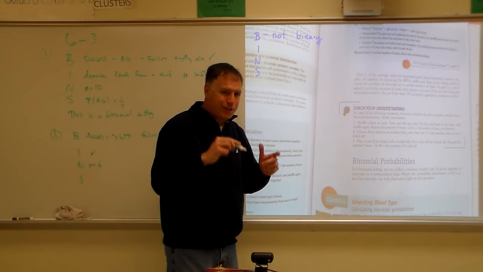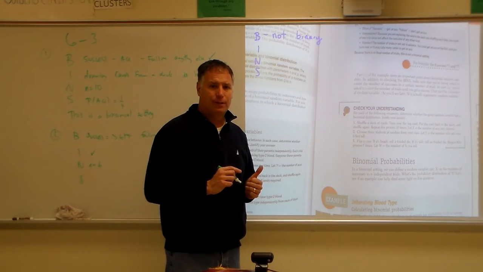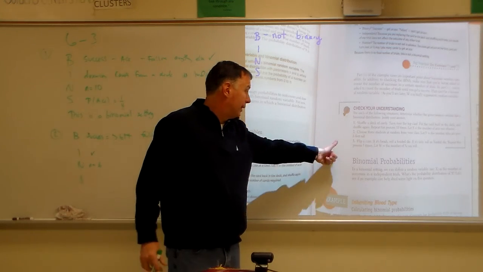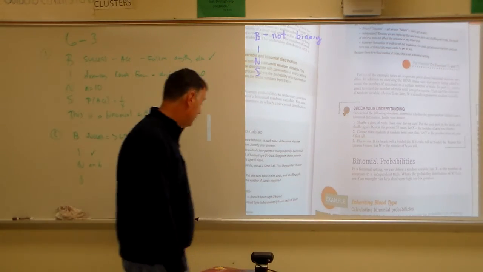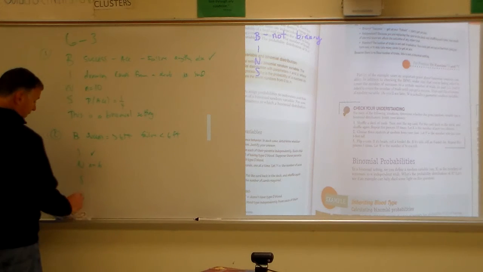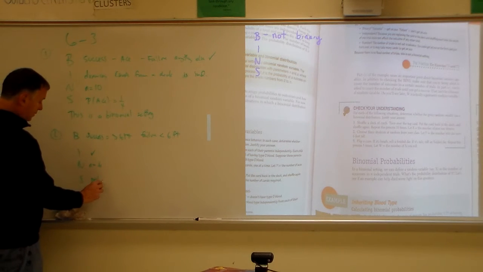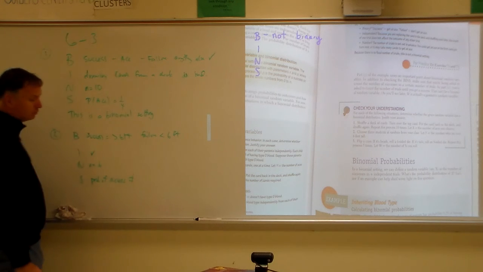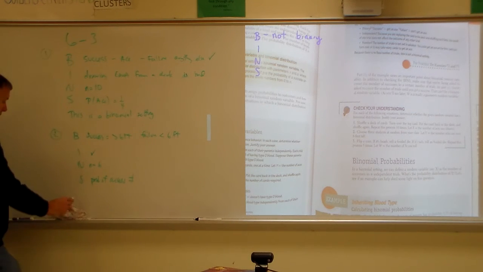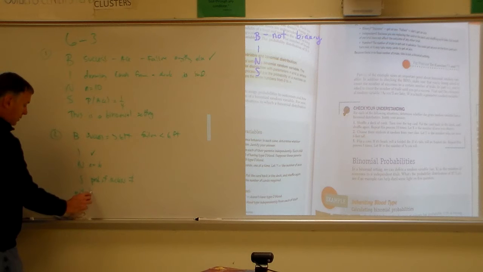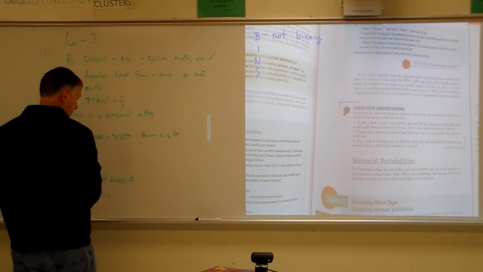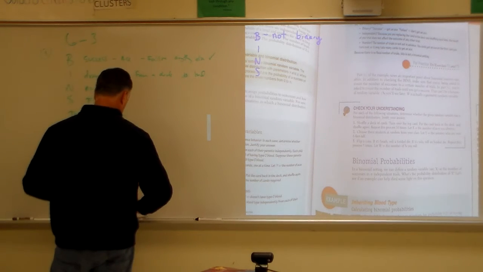Now, when you choose the second one, the probability changes. The probability is not the same. You're not replacing. There's no replacement. So the probabilities of success are not equal. Okay, so this is not binomial. And then we get to number 3.